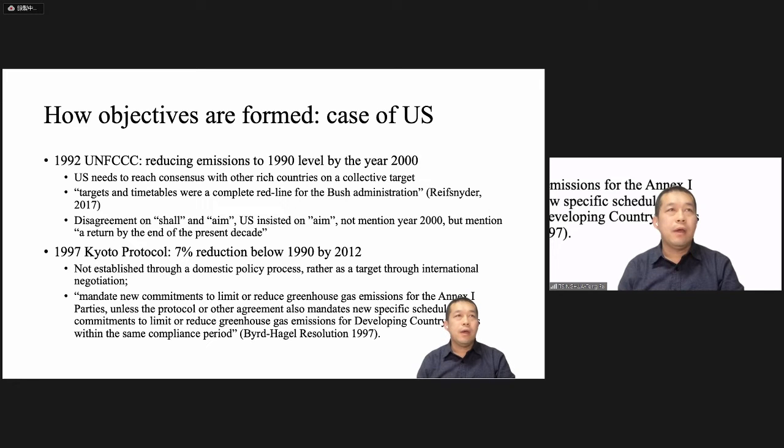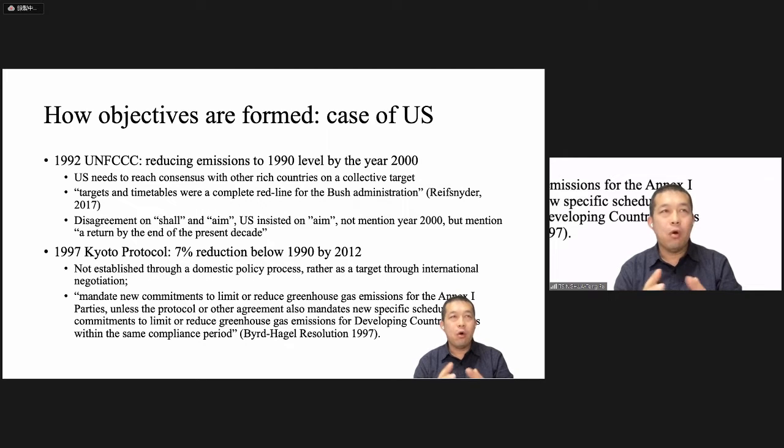During the negotiations of the UNFCCC, one of the high priorities was that the whole developed country world needed to negotiate a target collectively. And the proposal was to reduce emissions to 1990 levels by the year 2000.